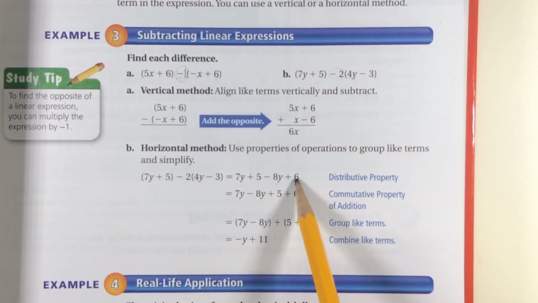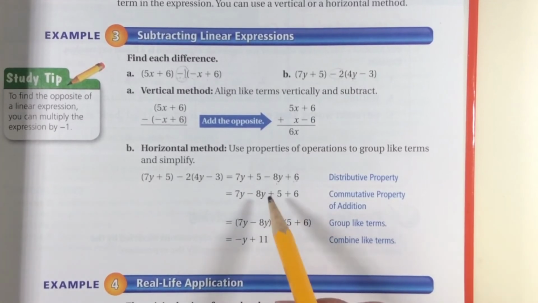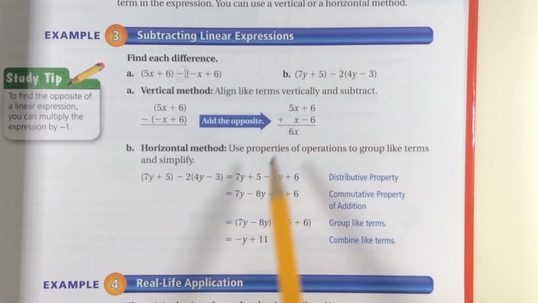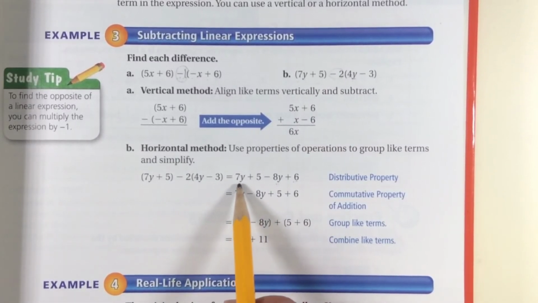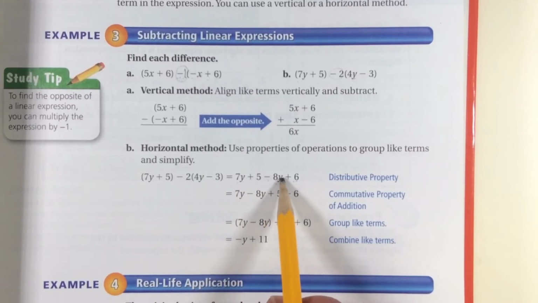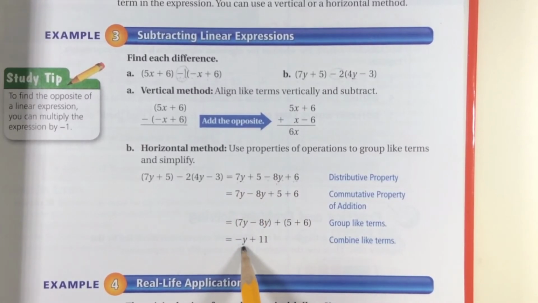So follow the sign rules and you'll be fine. The 7y plus 5 just came down. We didn't have to distribute anything. Now we can combine like terms. 7y and negative 8y leaves me with negative 1y, or you can just write that negative y because the 1 is unneeded. 5 and 6 is 11. So negative y plus 11.